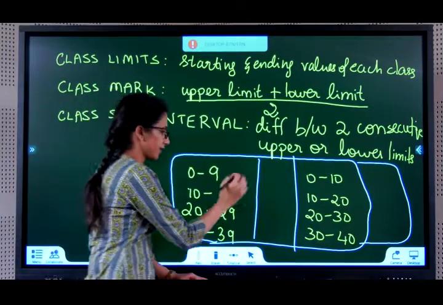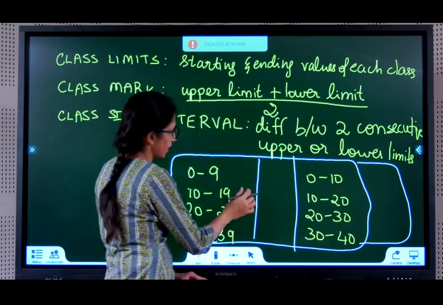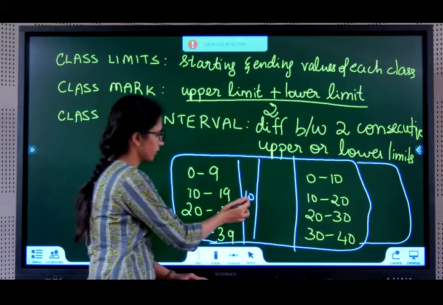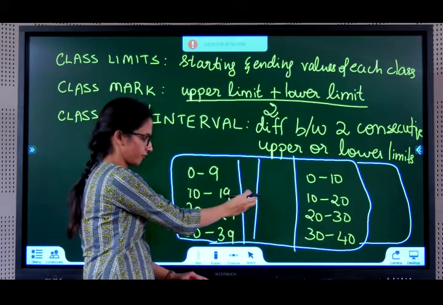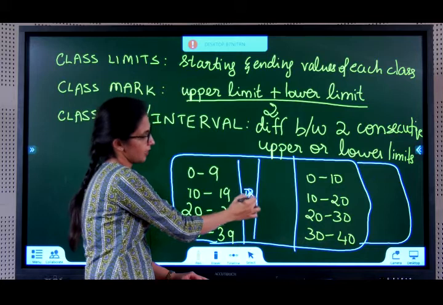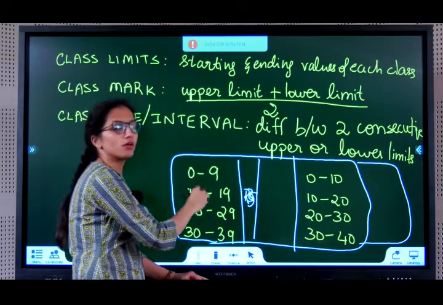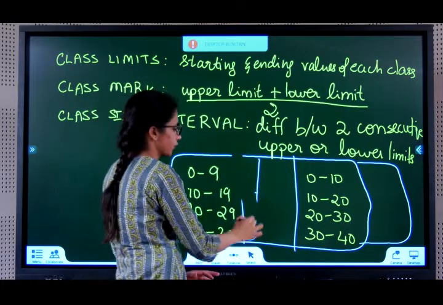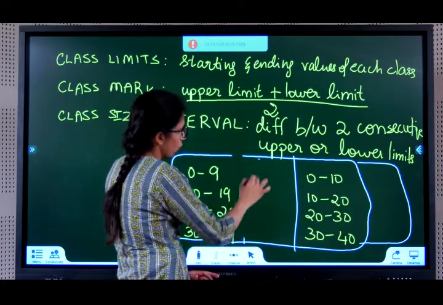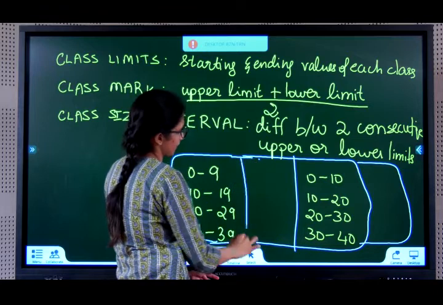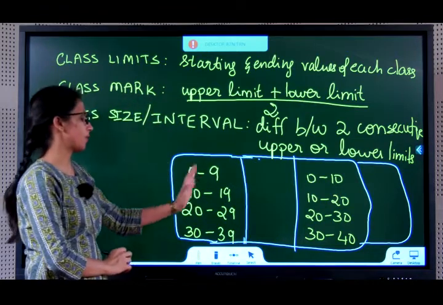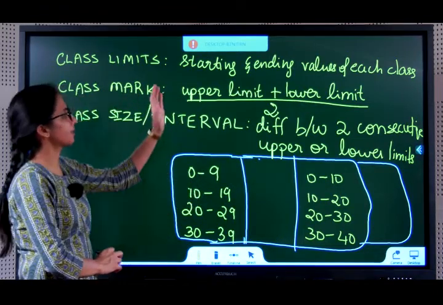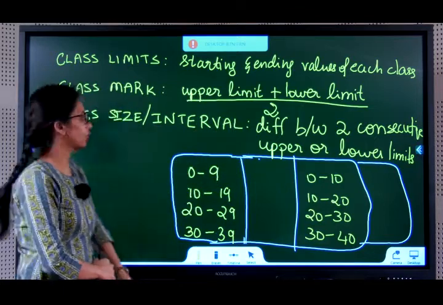Let's say the frequency value here was 10. This frequency lies around 14.5, meaning the maximum number of people. So this is just a representation of a class, and we take this to be xi. Class mark is the center value of the class, that is, upper limit plus lower limit by 2.